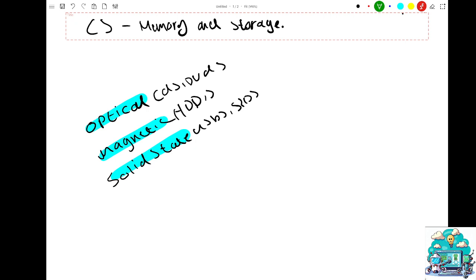Your magnetic hard drives can be bought in like 1 terabyte, even 7 terabytes and stuff. So you can mainly use them for archiving stuff and filing stuff away. Your solid state also comes in larger quantities as well, like 1 terabyte, 5 terabytes.